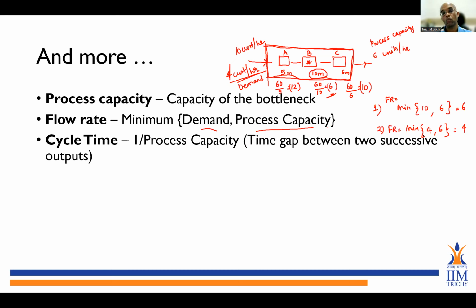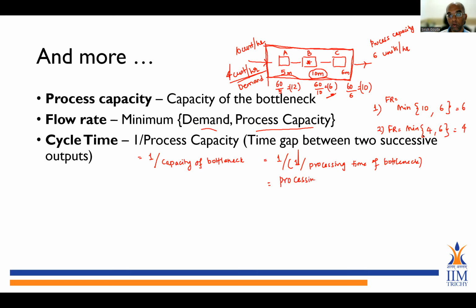Now, 1 by process capacity, let's try to understand it. 1 by process capacity is nothing but 1 by capacity of the bottleneck, and we know that capacity is nothing but 1 divided by the processing time of the bottleneck. So if we look at it this way, then it is 1 divided by 1 divided by processing time of bottleneck. So cycle time is nothing but the processing time of the bottleneck.